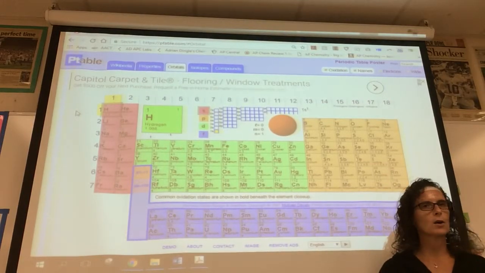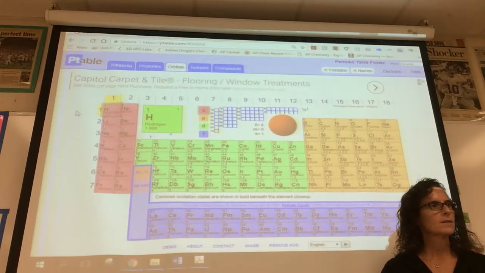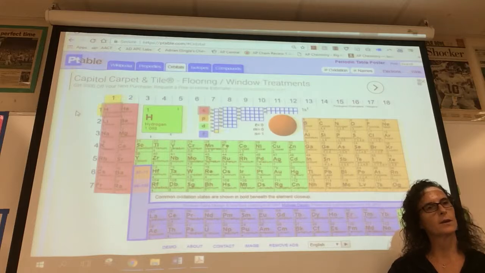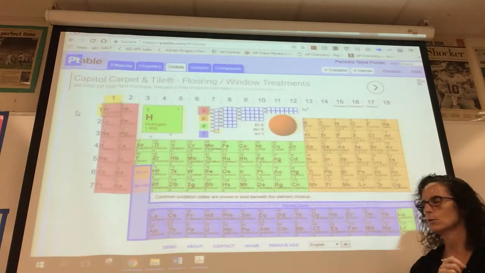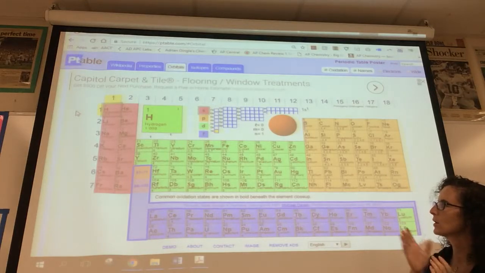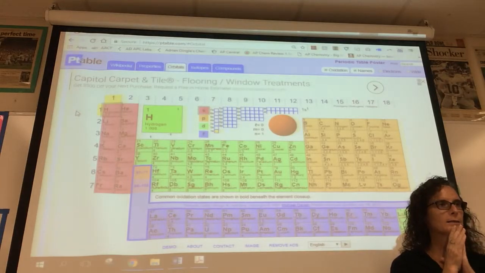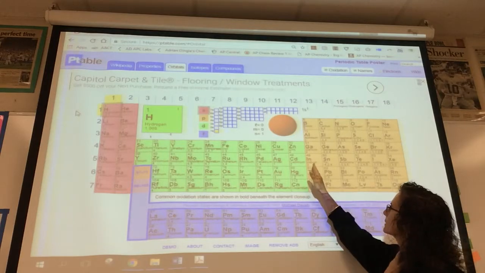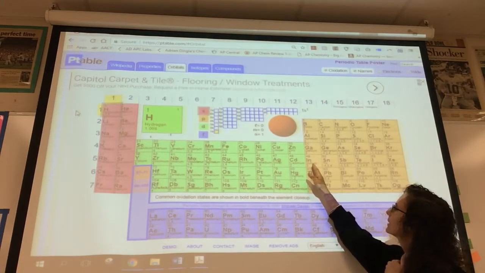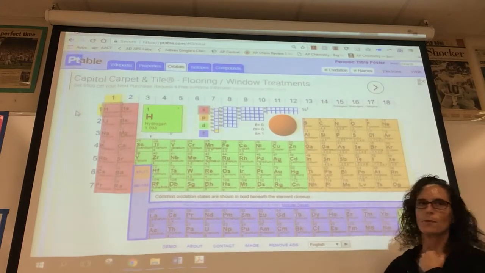And group 1 is known as the alkaline metals. When you react group 1 elements with water, they generate alkaline solutions and hydrogen gas, and you get that explosive reaction. Group 2 are known as what? Alkaline earth metals. And then the first column here in the P block is the aluminum family.